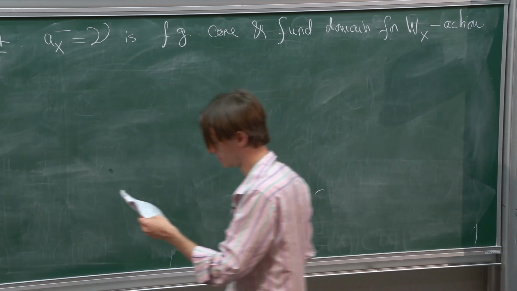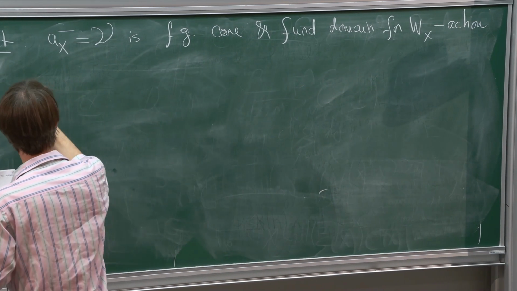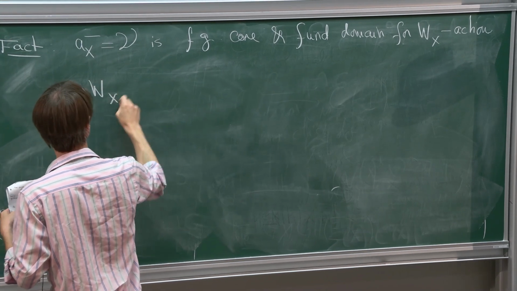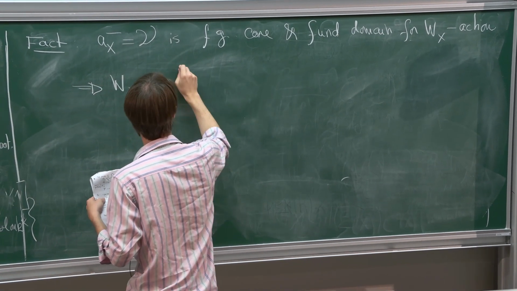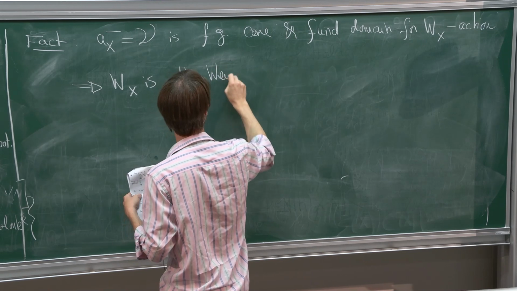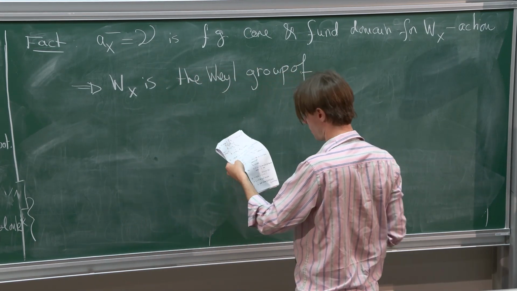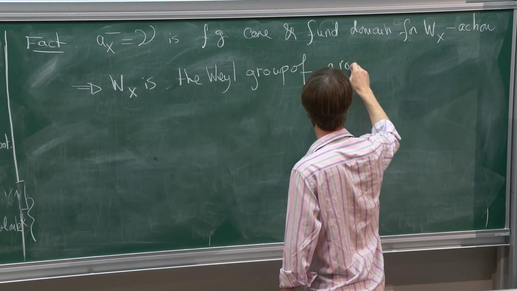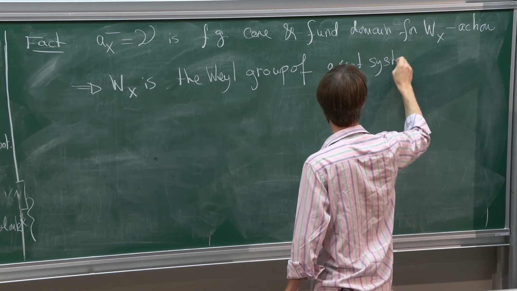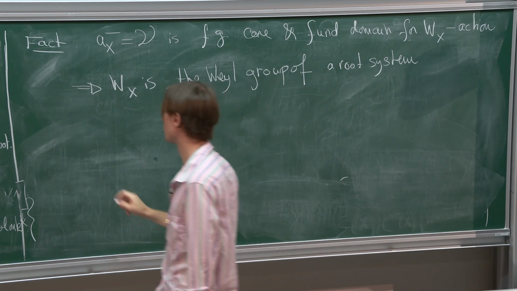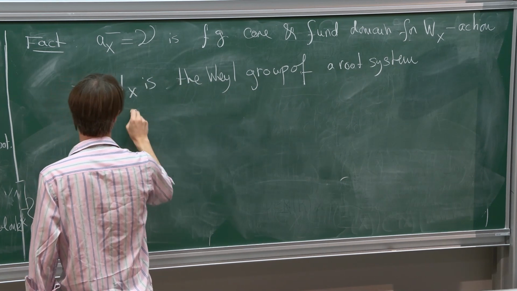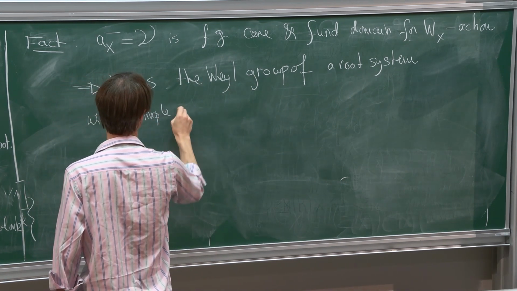And this implies actually that WX is the Weyl group of a root system with some system of simple roots.